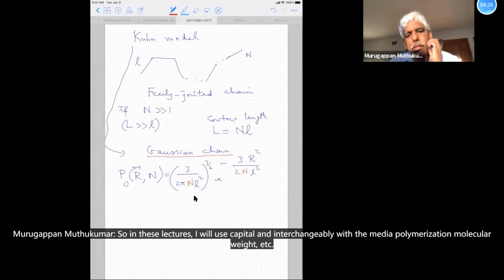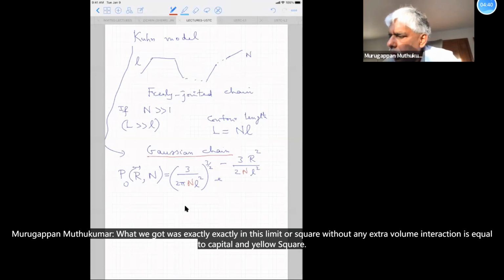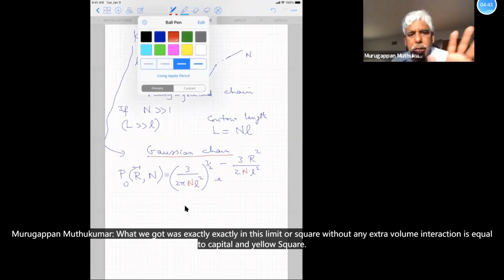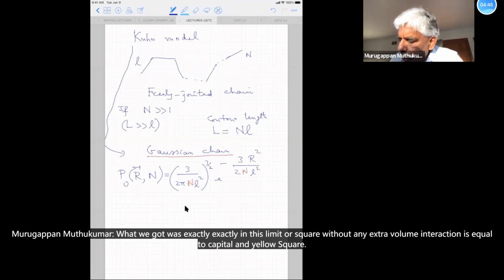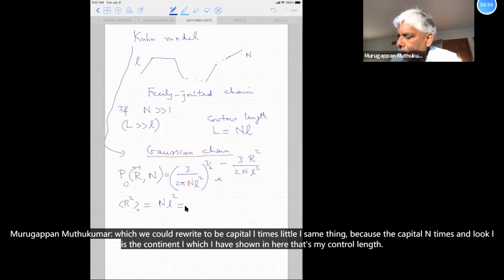So in these lectures, I will use capital N interchangeably with the degree of polymerization, molecular weight, etc. Based on this, we got the following important results: in this limit, R squared without any excluded volume interaction is equal to N l squared, which we could rewrite as capital L times little l, because N times l is the contour length.